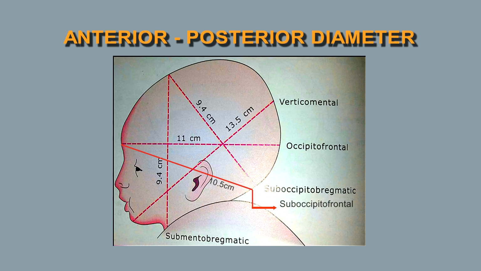The fourth one is verticomental, that is 13.5 centimeter, which extends from the vertex to the chin, and it is the longest anterior-posterior diameter of the head and the diameter in which brow presents. The last one is submentobregmatic. It is 9.4 centimeter, which extends from the junction of the neck and lower jaw to the center of the anterior fontanelle and is the diameter in face presentation.